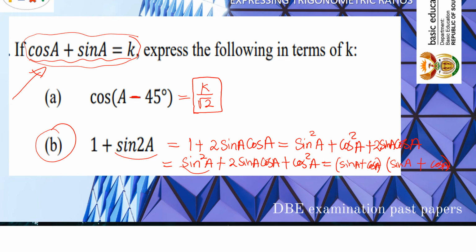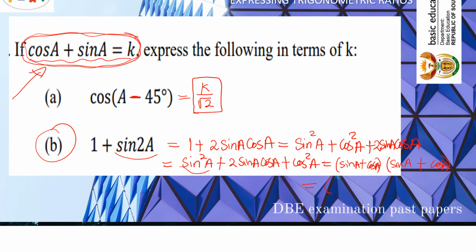So now look, we have expanded it and factorized it in a way that it gives us something related to the given information. That's basically what you do. You have to fight to express it in that way, right? Then after this, what can we do? We can just go and replace.